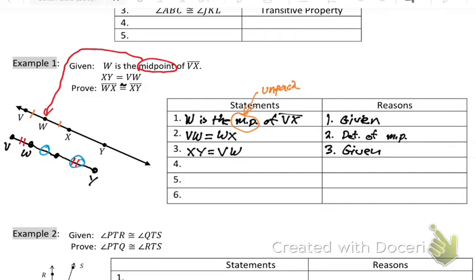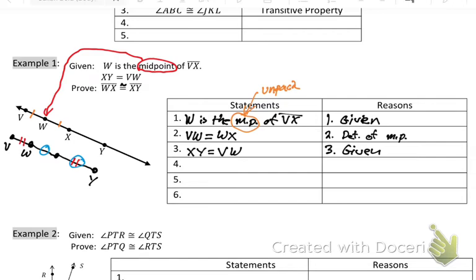Okay, so we have XY equals VW. That was given to us. Now, my next thought here is, just like that question that was asked, I'm going to break things apart. Actually, let's not do that. Let's do it a different way. So I now have VW equals WX, and I have VW equals XY. I ultimately want WX equals XY, right? What I'm asking myself is WX and XY are already included in both these statements, right?